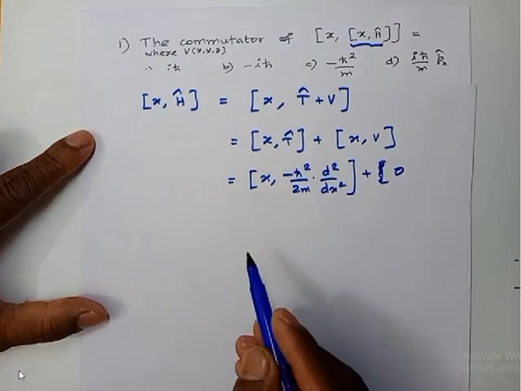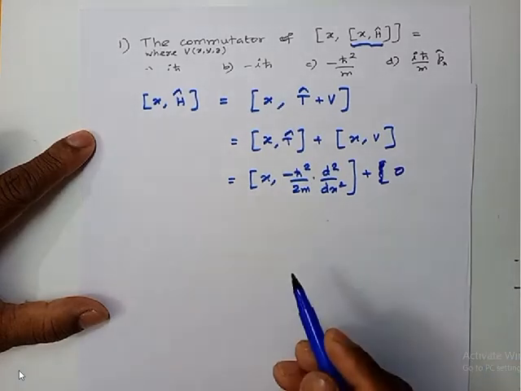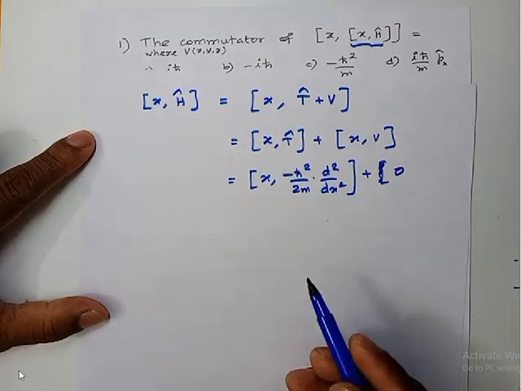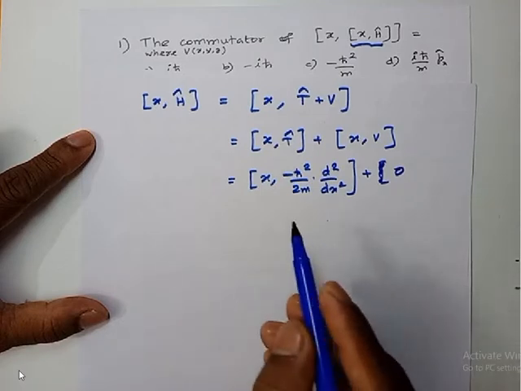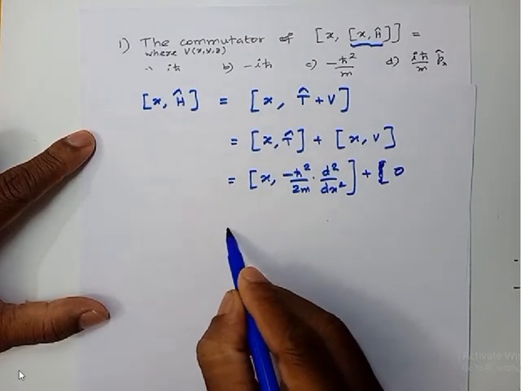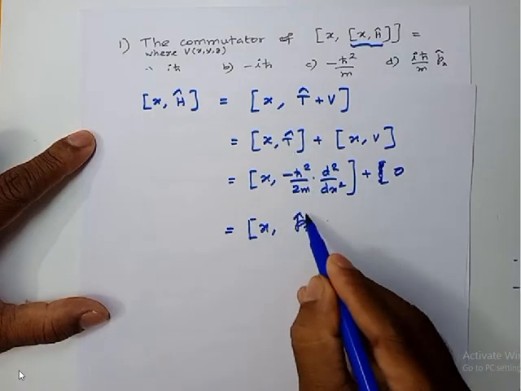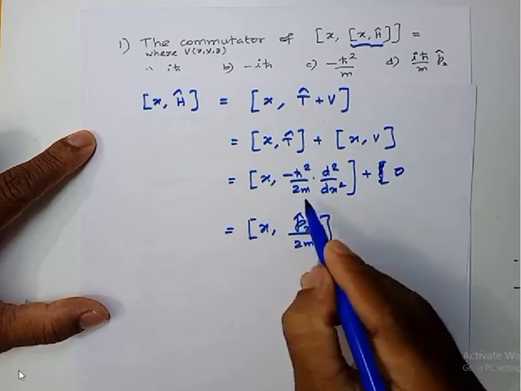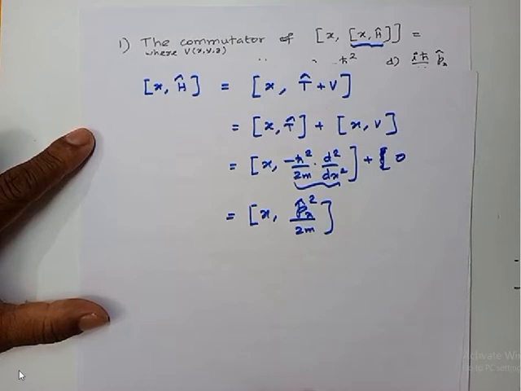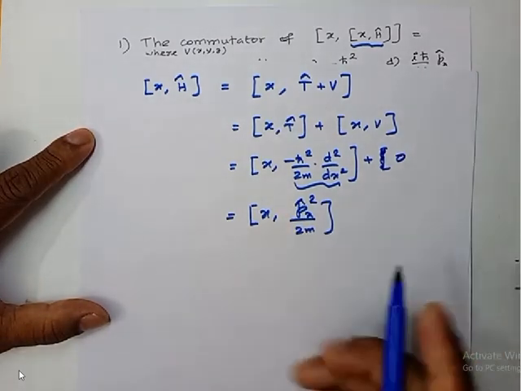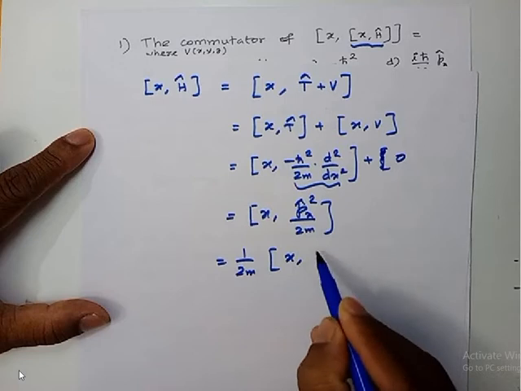Whereas here we have to find out the result. So how to do that? You know very well this operator, the kinetic energy operator, can also be written as px square by 2m, where px is the linear momentum operator. 1 by 2m is a constant, so you can keep it out. What we are left with is x comma px square.